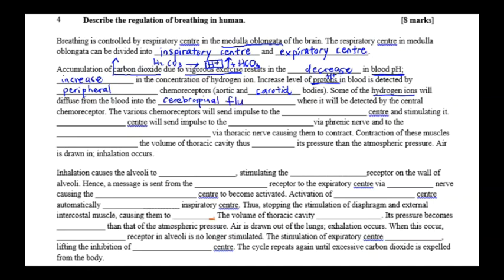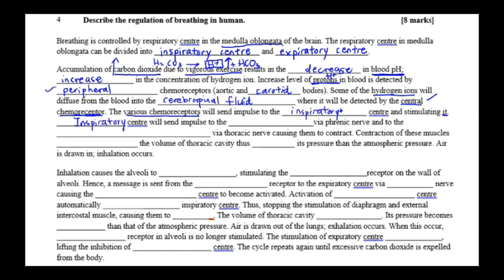So this cerebrospinal fluid will be detected by the central chemoreceptor that is located at the medulla oblongata in the brain. The various chemoreceptors, both the peripheral and the central chemoreceptor, will then send nerve impulse to the inspiratory center and stimulate it.